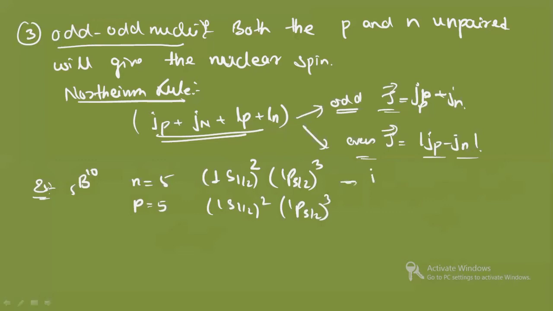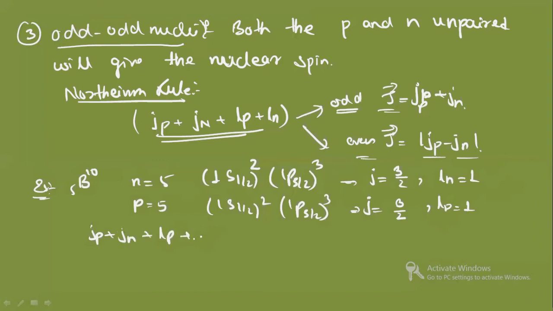Now for the unpaired one, the value of J is 3/2, and here the value of J is the same, 3/2. The value of L for the neutron is 1, and that for the proton is 1.